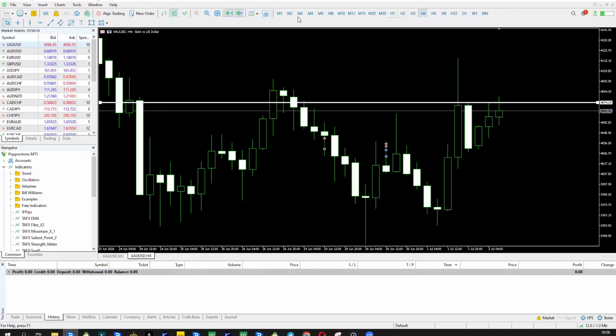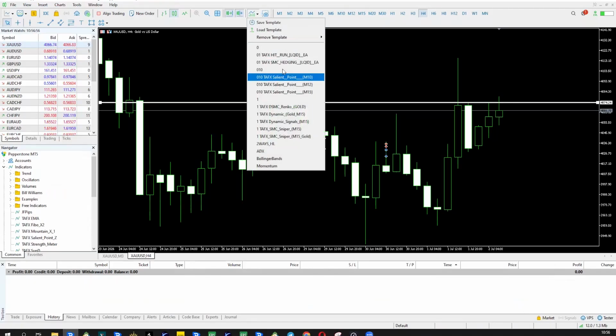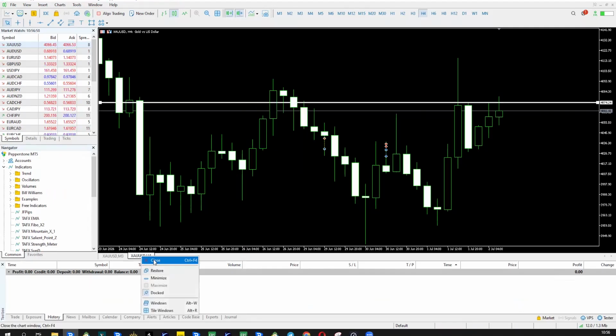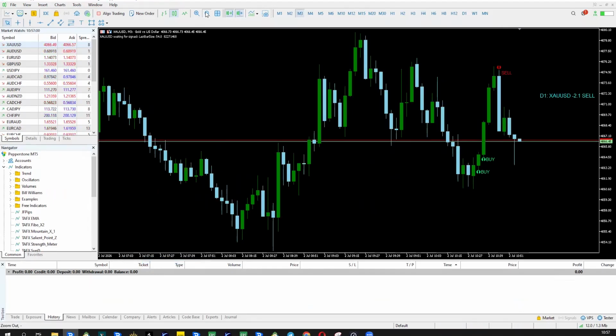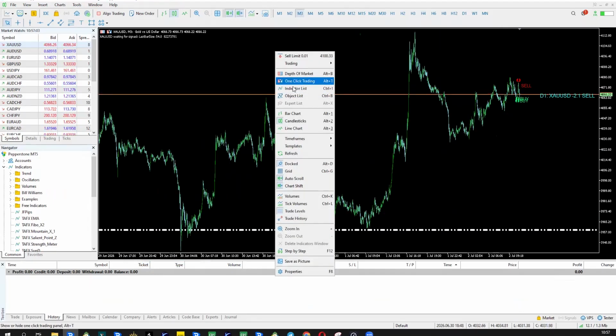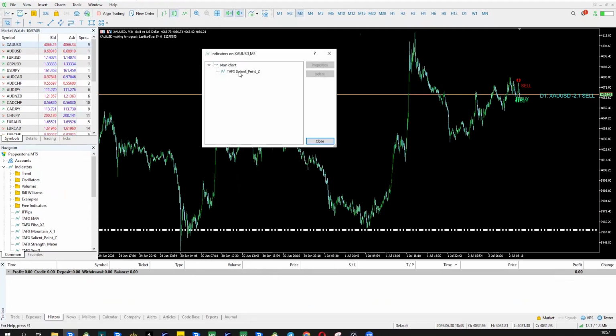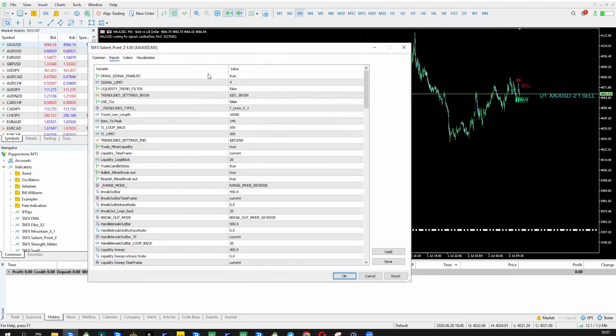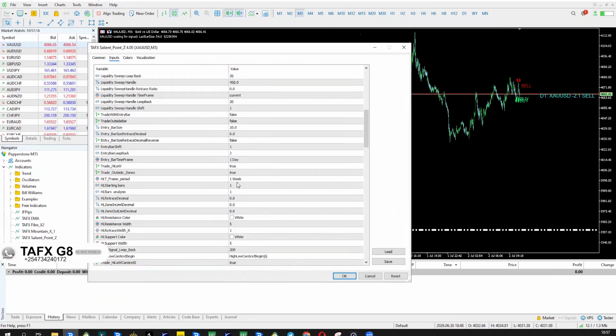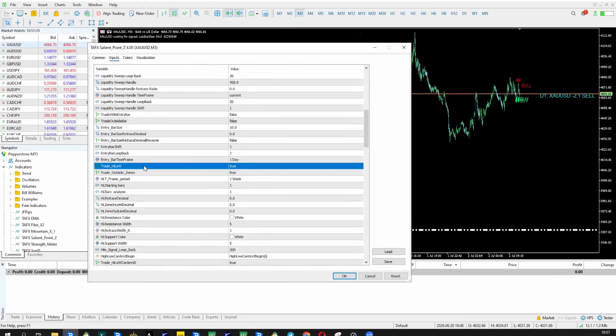Now, let's check here, guys, and let me make things easier for everyone, all right? Let's check what is here. Let me right click and go to our indicator, the Salient Point or point of interest zone. If I scroll down here, we can see trade high and low.